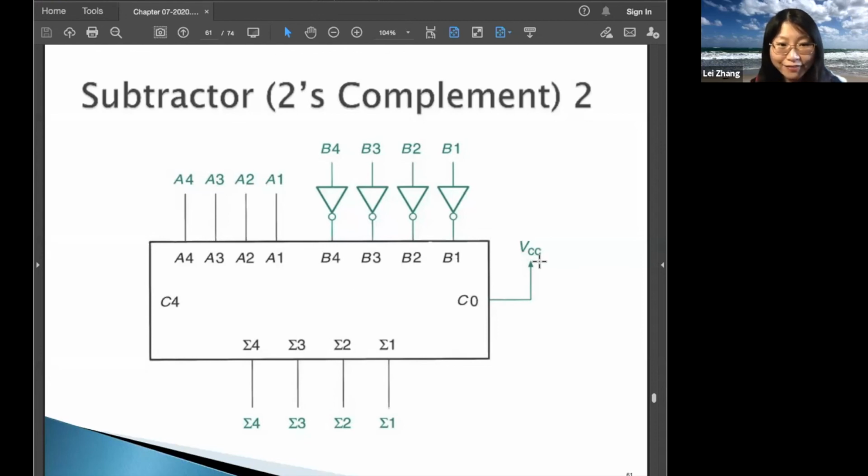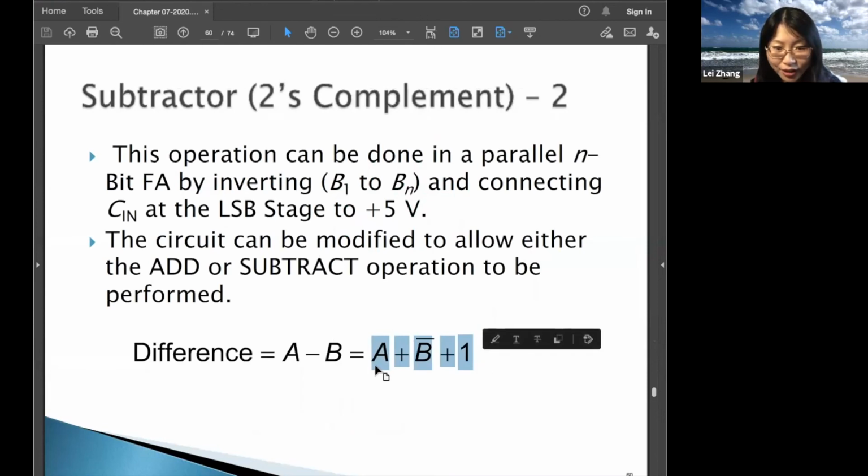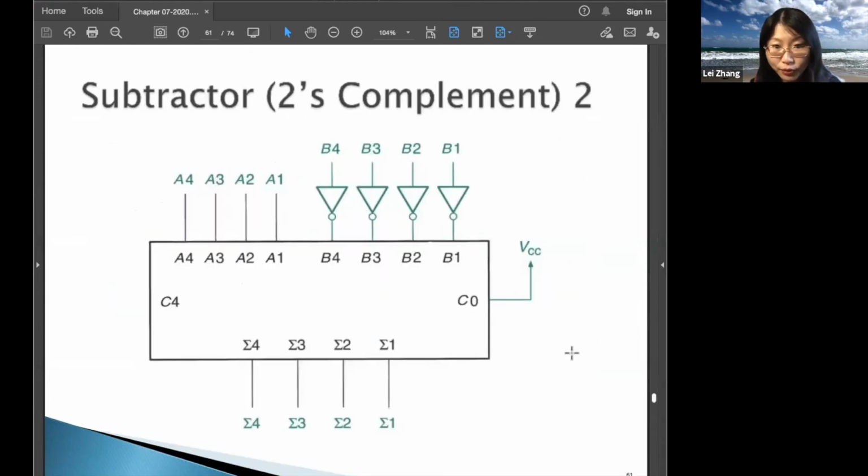So this subtractor implemented by an adder is actually what we have seen already here. It's A plus inverted B, so B with all these inverters, flipping every bit, plus this additional carry in bit, which is 1. This is how we use an adder to implement a subtractor.